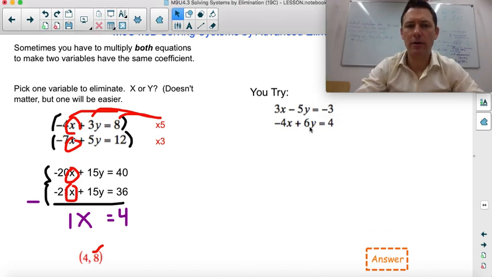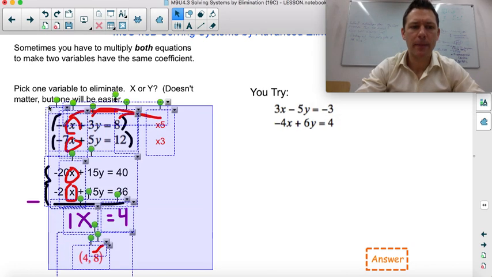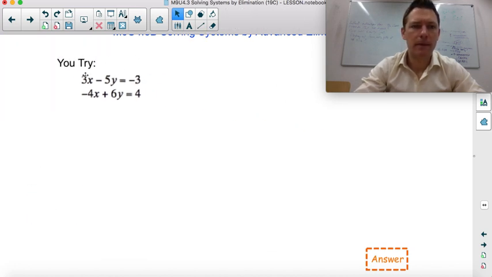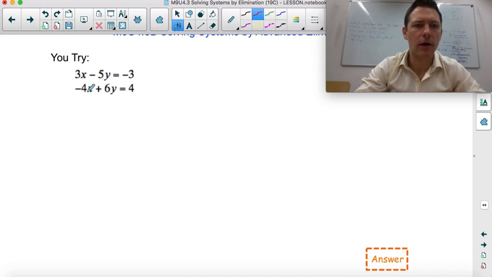We're going to go quick through it because we're running out of time, and hopefully it goes all right. So this is ugly because I can't turn 3 into 4 or 5 into 6 with one multiplication. So maybe I'll take the 3 and the 4 and multiply this equation by 4, and multiply this equation by 3.